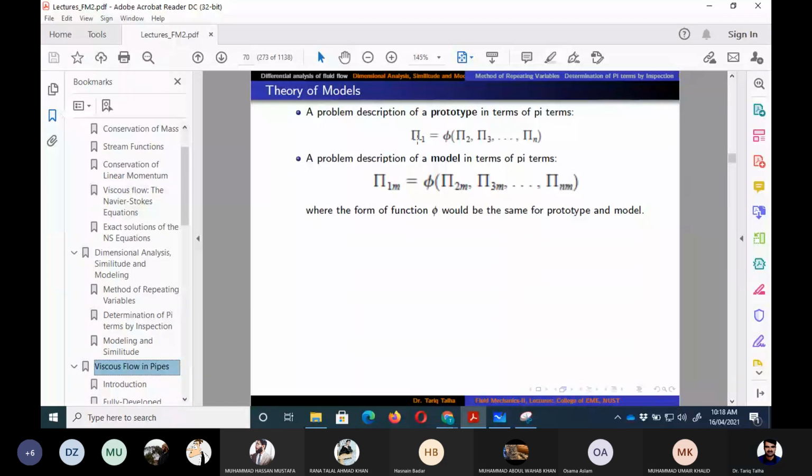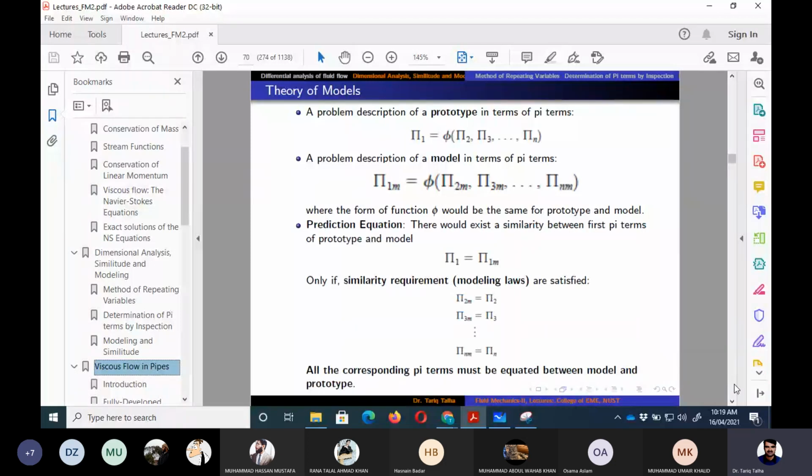In order that the dependent pi terms, pi1 and pi1m, are equal, we need to make sure that the corresponding independent pi terms are equal: pi2 should be equal to pi2m, pi3 should be equal to pi3m, and so on. Only then, at the end of the experiment, can the results obtained for the model be transferred to the actual system.